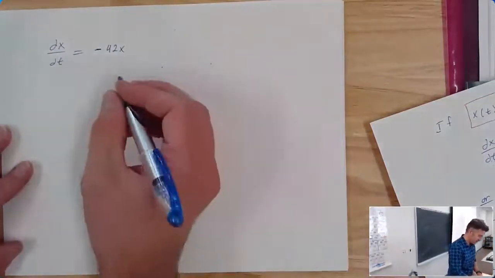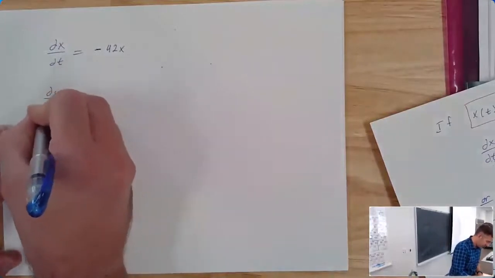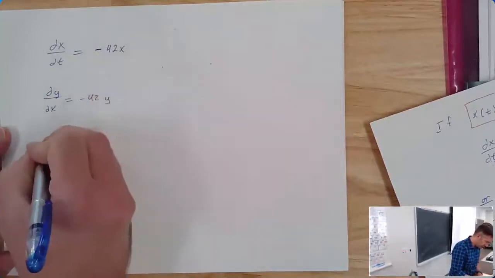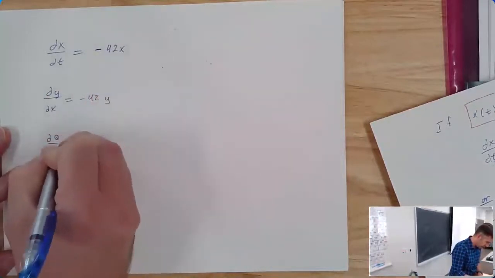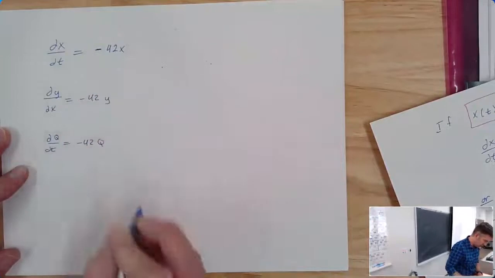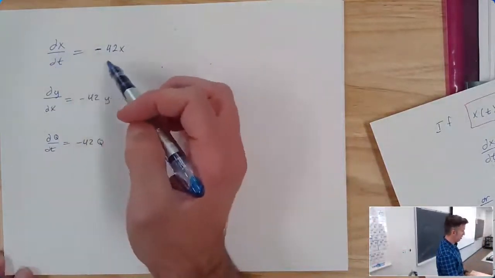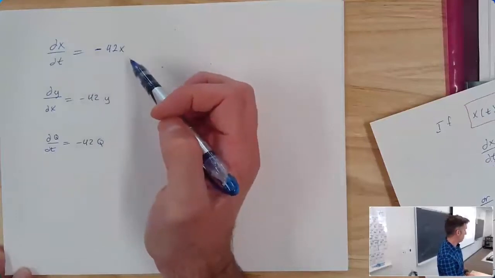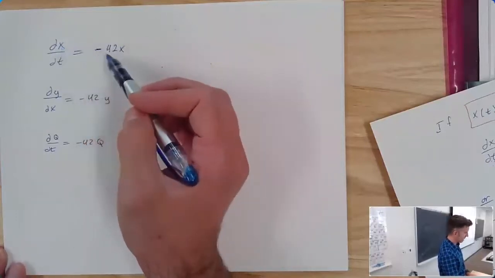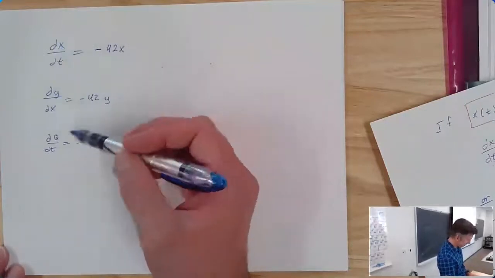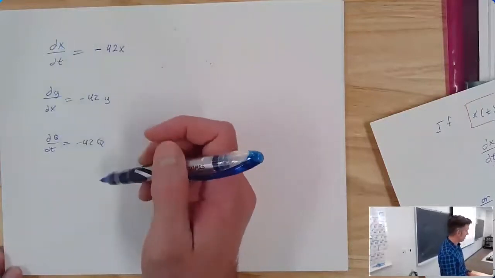This could be dy/dx equal to negative 42y. This could be dq/dt equal to negative 42q. The idea is always that the derivative of your thing is equal to a multiple of that same thing. The derivative of x is negative 42 times x. The derivative of y is negative 42 times y. The derivative of q is negative 42 times q.